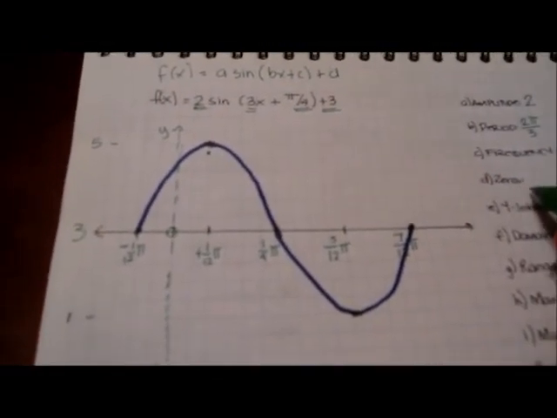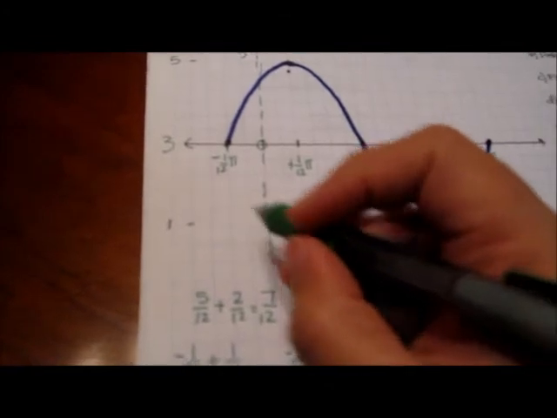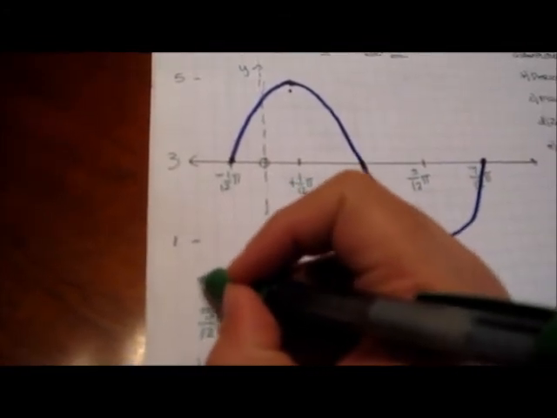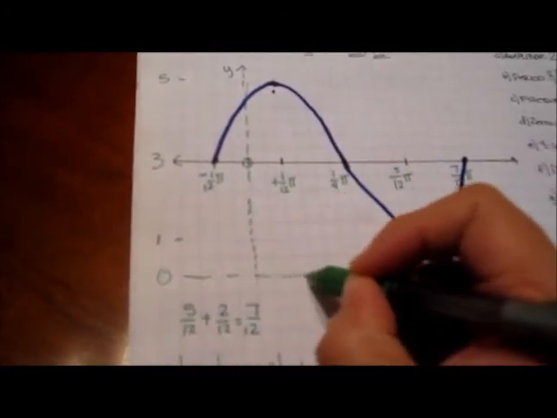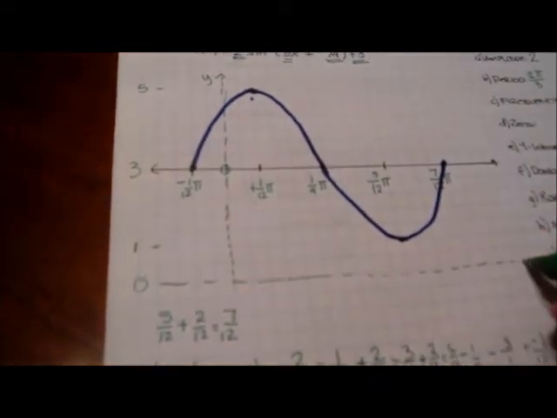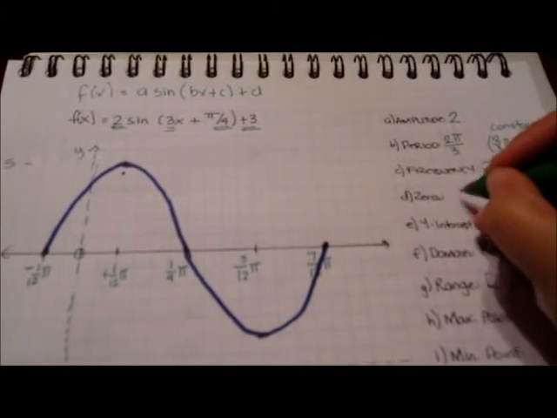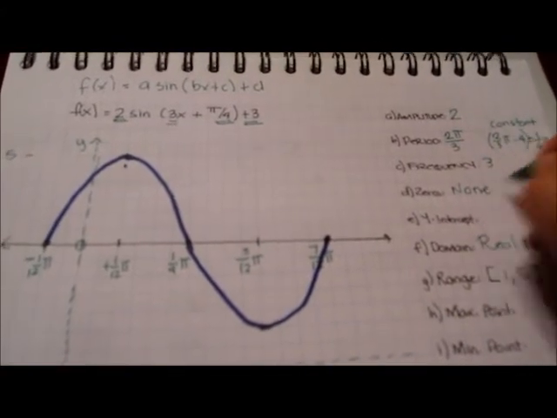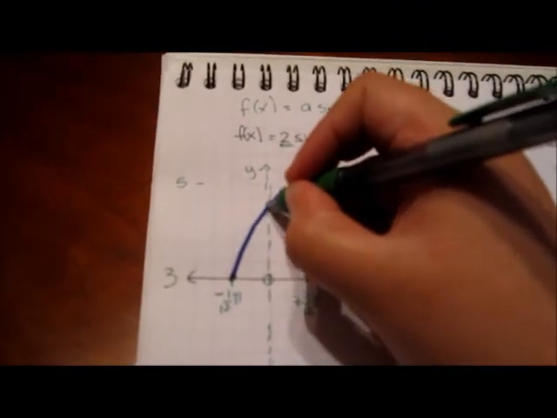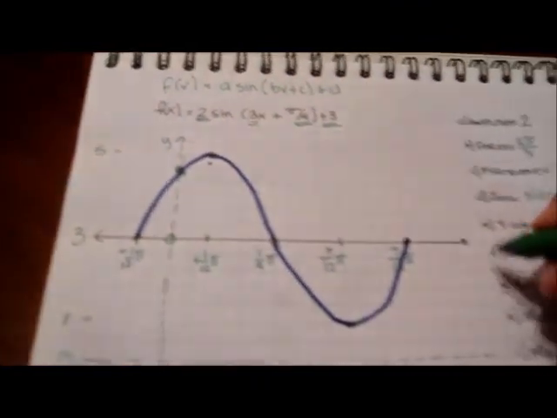Are we going to have zeros? No. Why? Because the zero is going to be here. And my graph is above the zero. So my zeros equals none. And yes, I need to write it. The y-intercept is here. I will solve it in a moment.